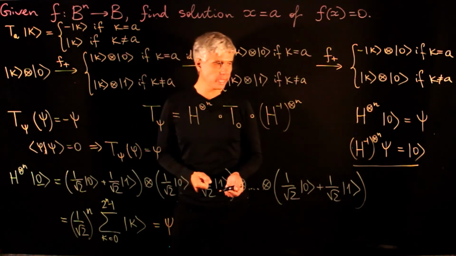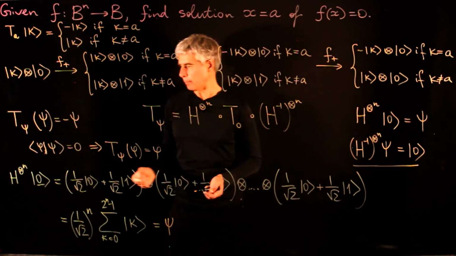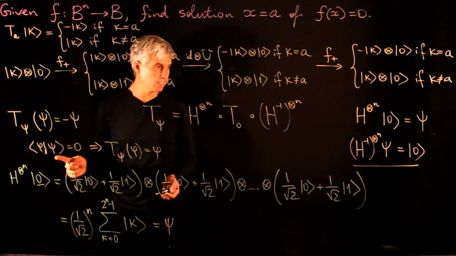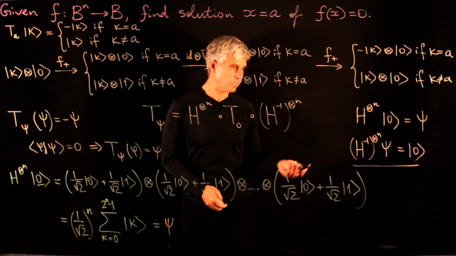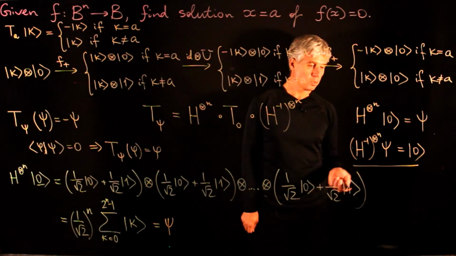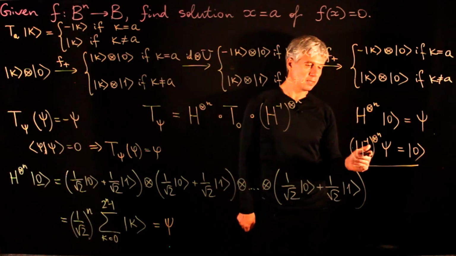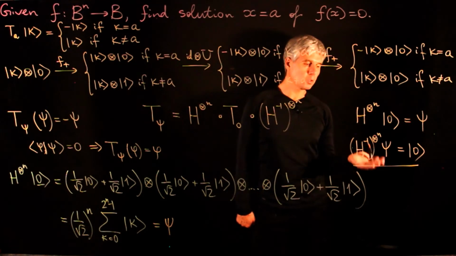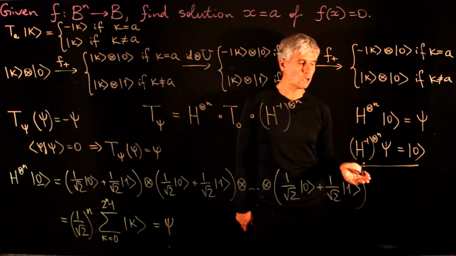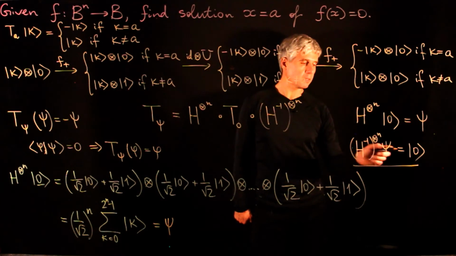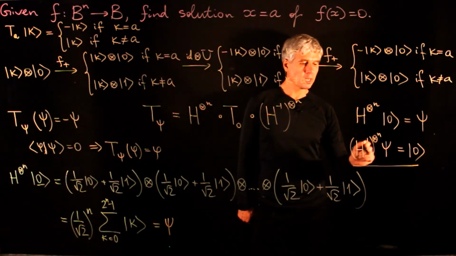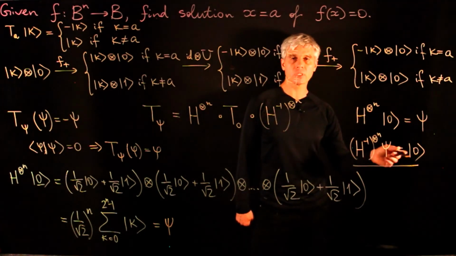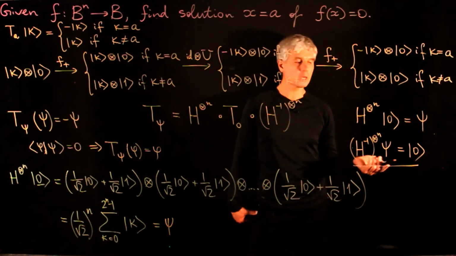Now, suppose we have some vector phi, which is perpendicular to the state psi. Then we know that Hadamard's transform is unitary. So this means that if we had two mutually orthogonal vectors, then applying a unitary transformation, the images will still be mutually orthogonal. So if psi gets transformed to 0, then an orthogonal vector phi will get transformed to something which is orthogonal to the 0 string. And what's orthogonal to the 0 string?